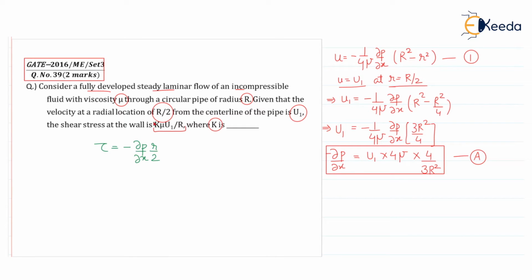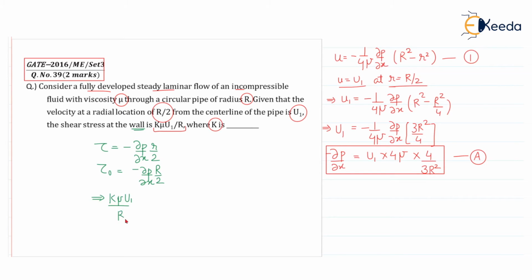At the wall, tau naught is equal to minus dou p by dou x into small r changed to capital R at the wall, correct? Capital R by 2. And now we can put the value. Tau naught value is given as K mu u1 by R.